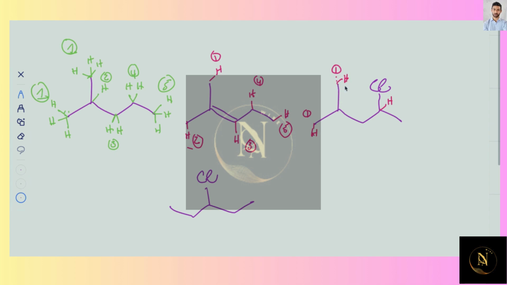But nothing else has really changed. We still have one hydrogen here that's unlike any other. Still have one hydrogen here that's unlike any other. Sorry, there's two hydrogens here, and we still have three hydrogens here that are unlike any other. So we still have 5 unique hydrogens.